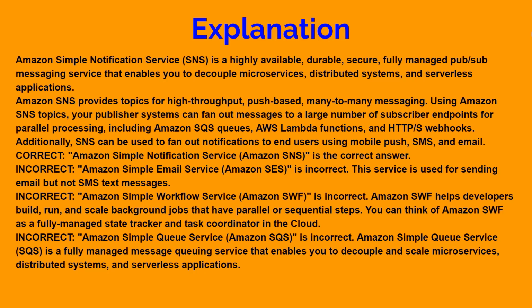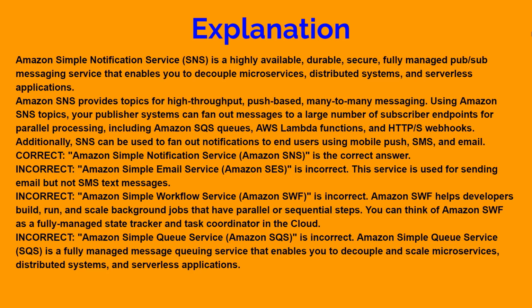Explanation. Amazon Simple Notification Service, SNS, is a highly available, durable, secure, fully managed pub/sub messaging service that enables you to decouple microservices, distributed systems, and serverless applications. Amazon SNS provides topics for high throughput, push-based, many-to-many messaging.